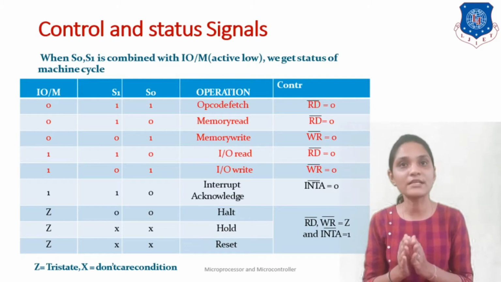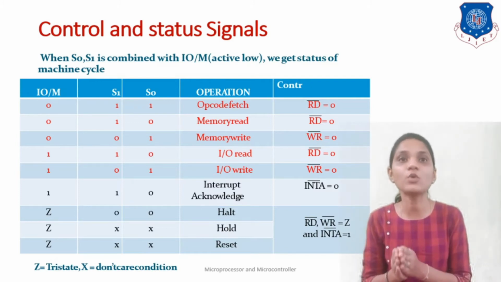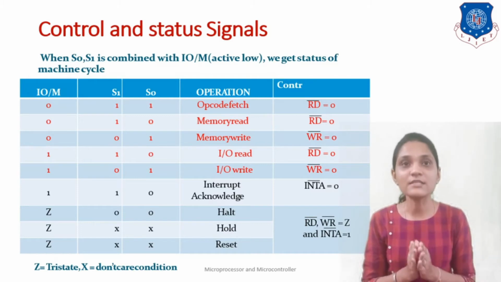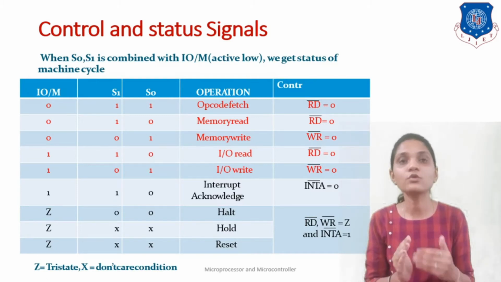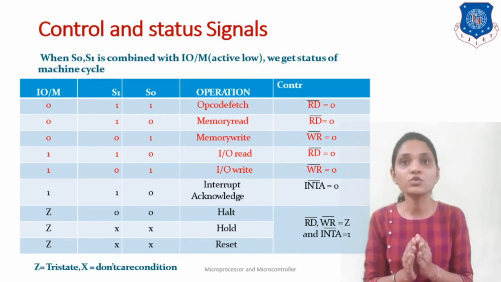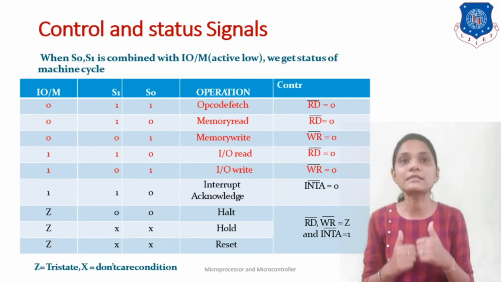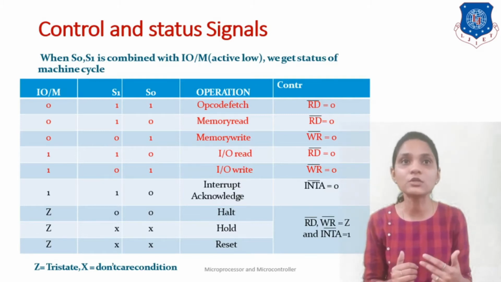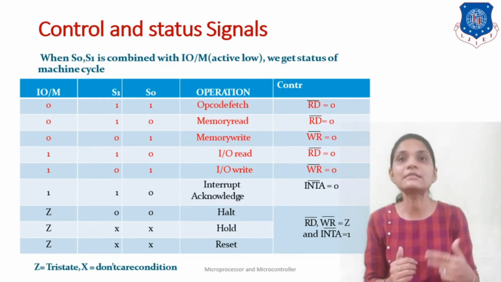If IO, M bar is 1, your task is related to IO. So if my task is memory read, I have to perform a task related to memory, so my IO, M bar control signal will be 0 to indicate this. After that, I have two other control signals for memory, that is read and write.